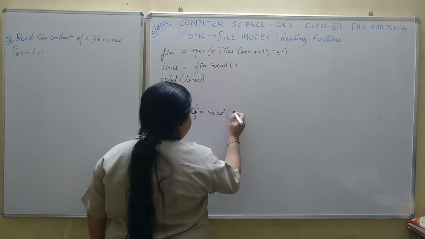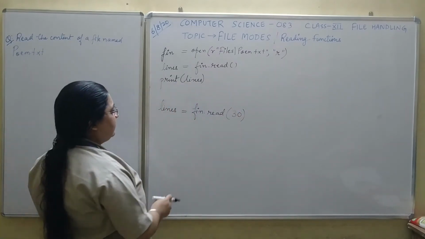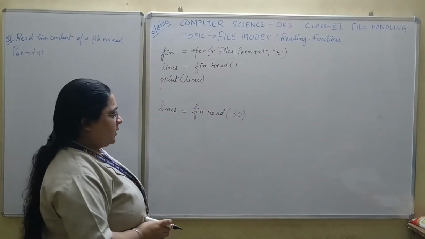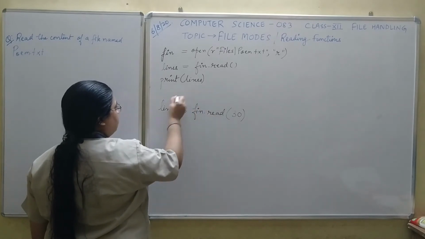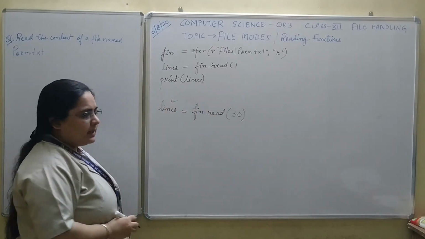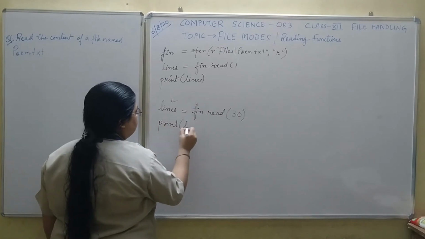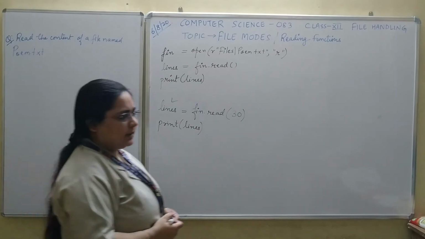So you can provide number of bytes, suppose 30 over here. It will read the first 30 characters from the file, and those 30 characters would be saved in lines, and when you print lines it would display only the first 30 characters.